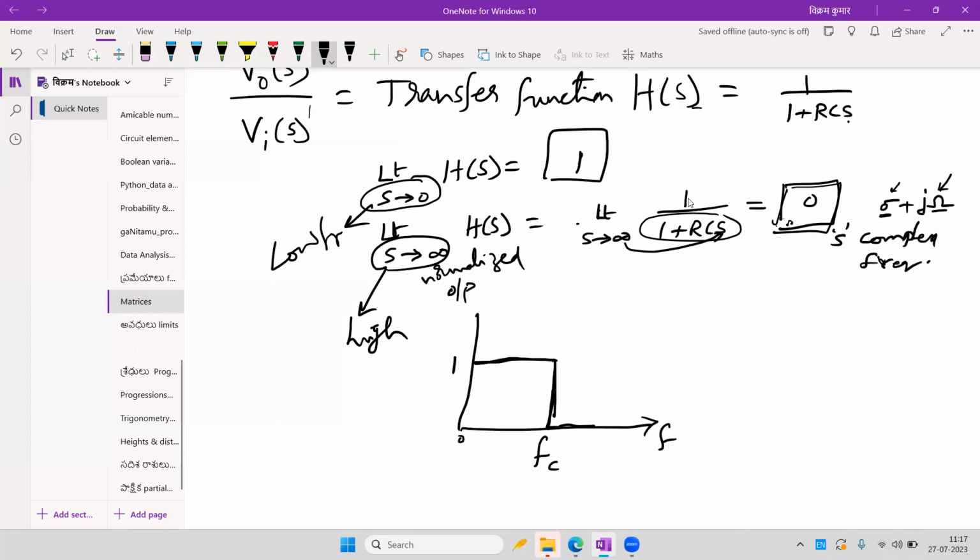But practically, it will not be like that. Practical filters may have this kind of approach. As it is going to infinity, this value is tending to 0. Low pass means it will allow only lower frequencies. So this is a practical filter.